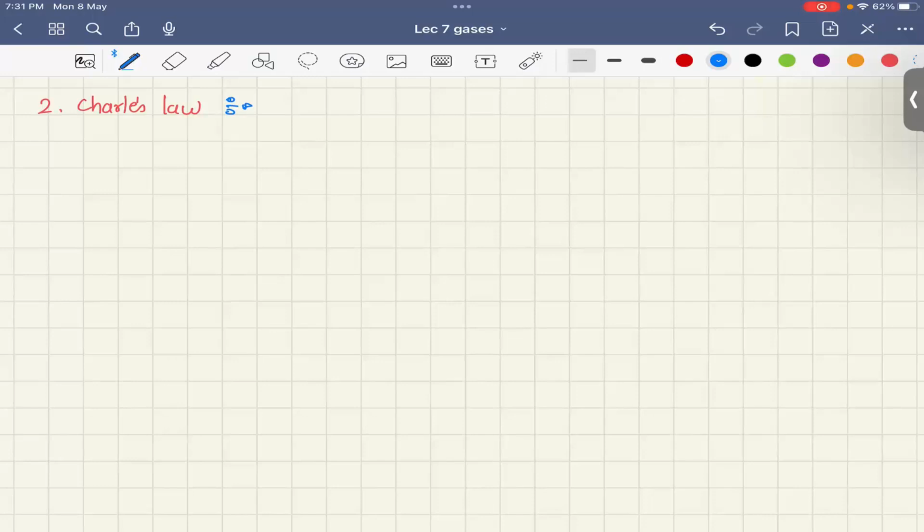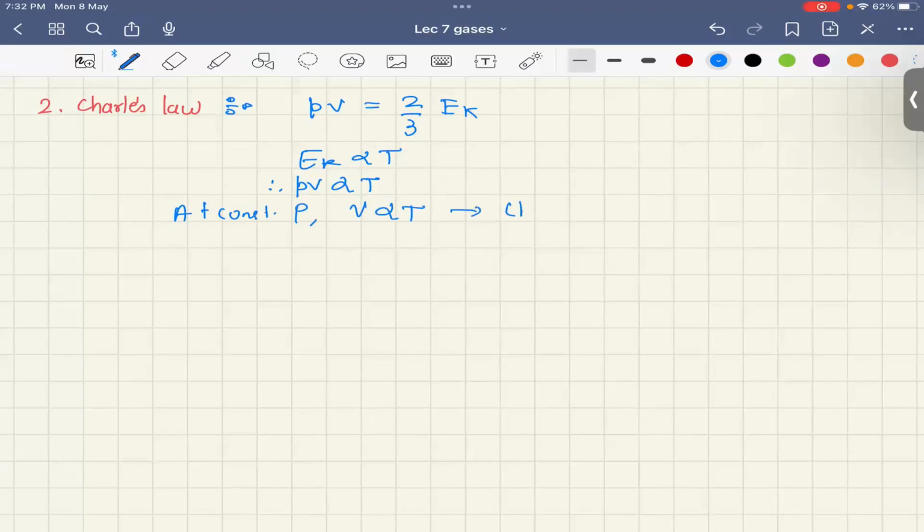Let's write this down. So we can easily prove it from the kinetic gas theory, right? PV is nothing but 2 by 3 into EK, right? But EK is directly proportional to temperature, right? Therefore, PV is also directly proportional to the temperature. At constant pressure, V is directly proportional to temperature, and this is nothing but Charles' law.